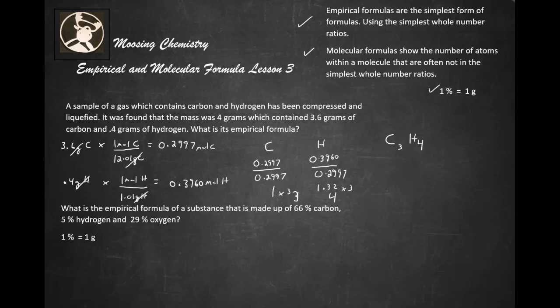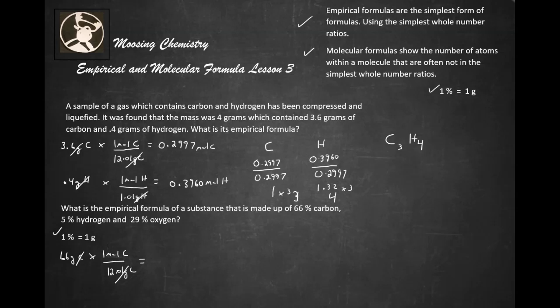Okay, so when we look at this, let's see what we've got here. So 66% would be the same as 66 grams of carbon, right? Because 1% equals 1 gram. Times 1 mole of carbon divided by 12.01 grams of carbon.